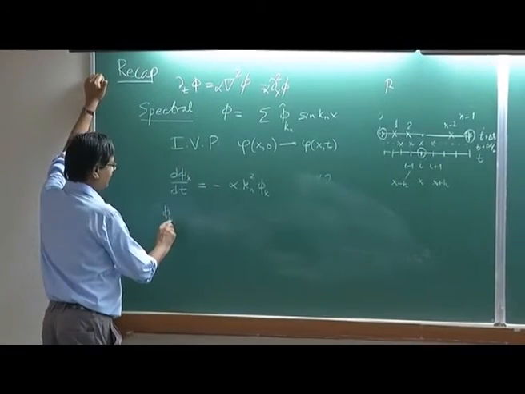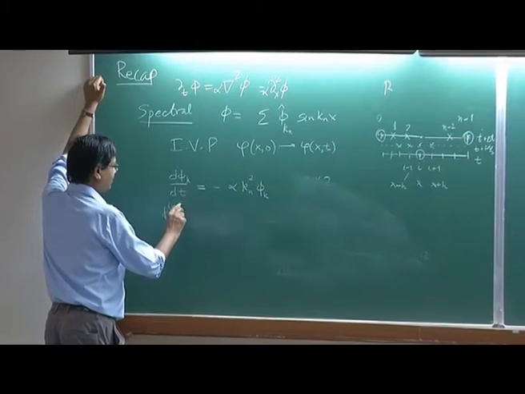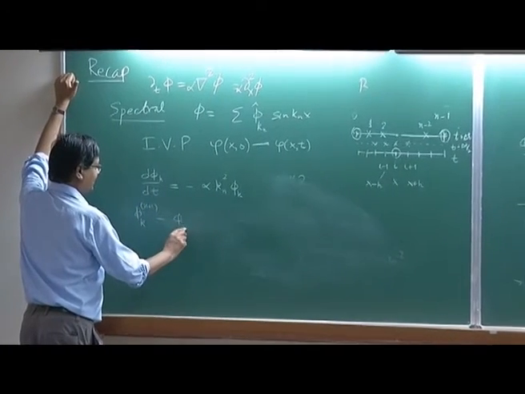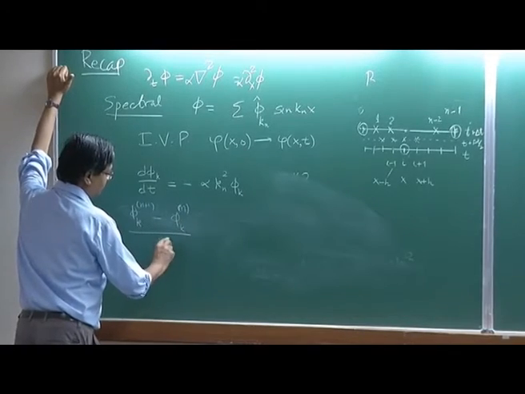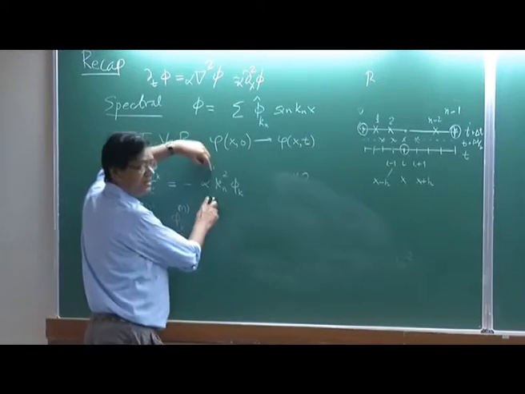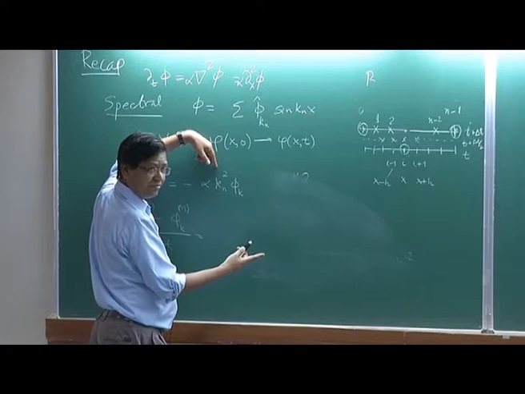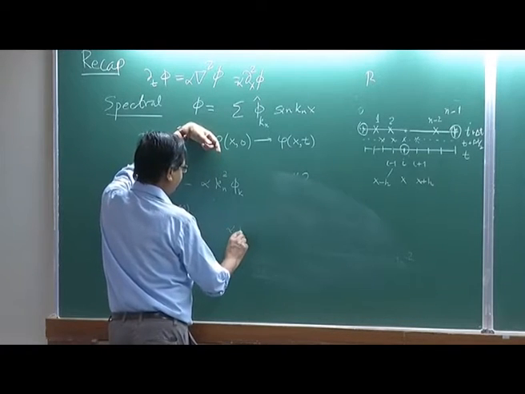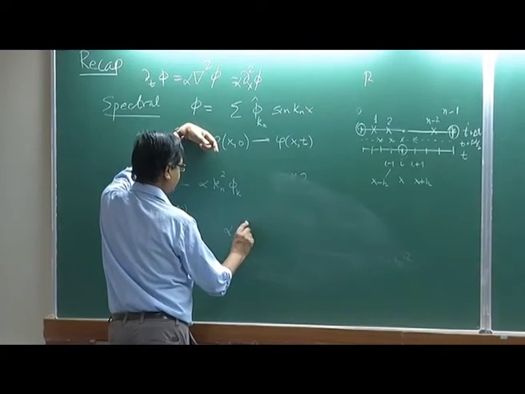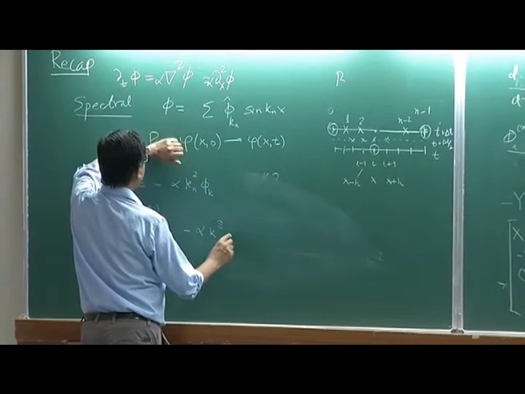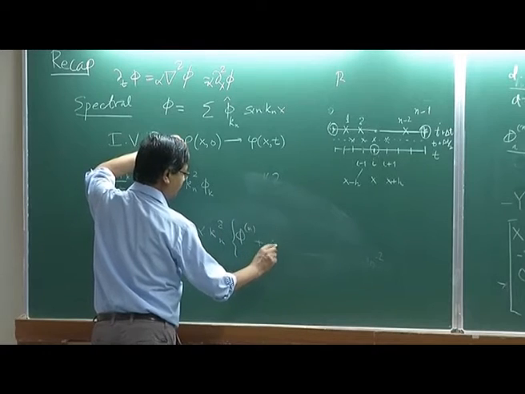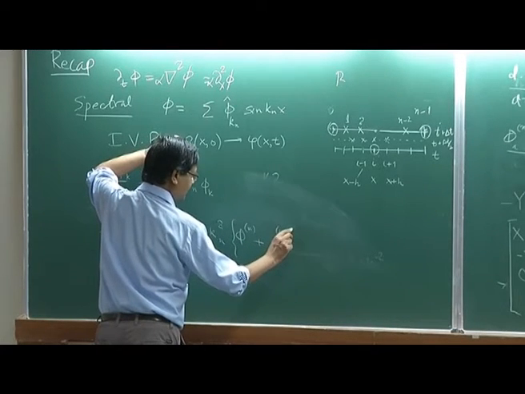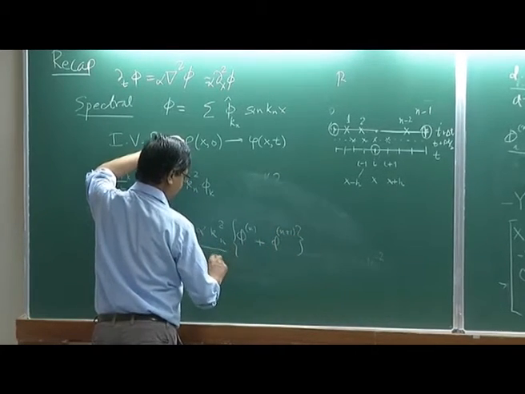So, phi k n plus 1 minus phi k n by delta t equals this computed at n and n plus 1. So, alpha k squared minus phi n plus y 2.